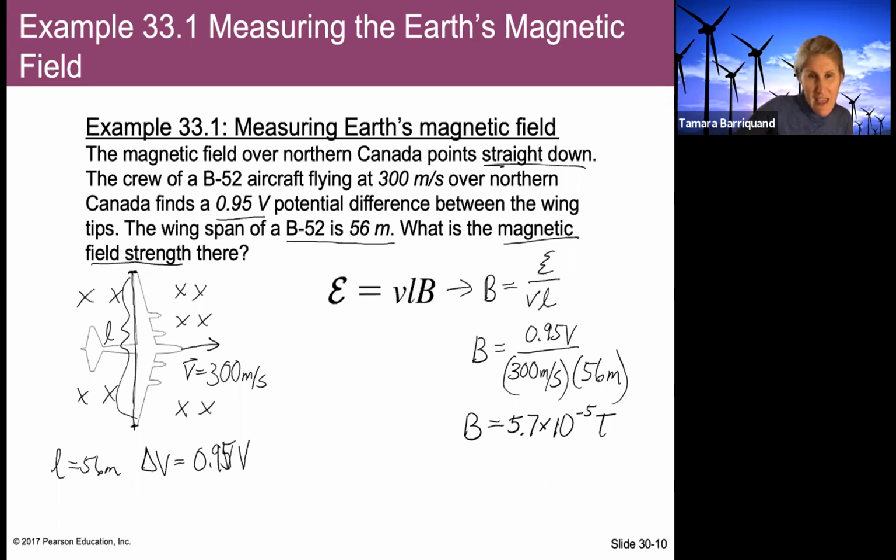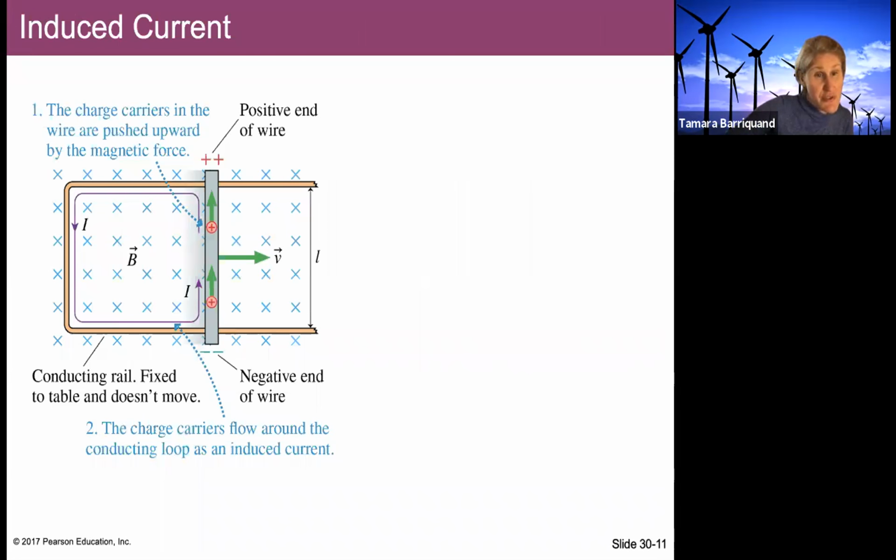So we have this induced motional EMF. Well, we can also get an induced current. And we see the charge carriers in the wire, as we're moving a wire, here we have our wire moving through a perpendicular magnetic field where the magnetic field is going into the page.